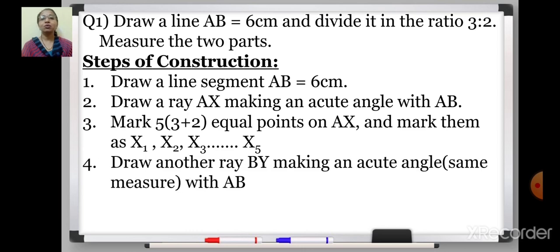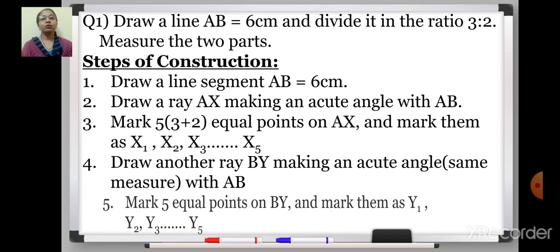Same steps you have to repeat on the other side. That means from the end point B, you draw a ray making the same acute angle. Suppose on the upper side you have taken an acute angle of 50 degree, so below also you have to draw an acute angle of 50 degree, right?